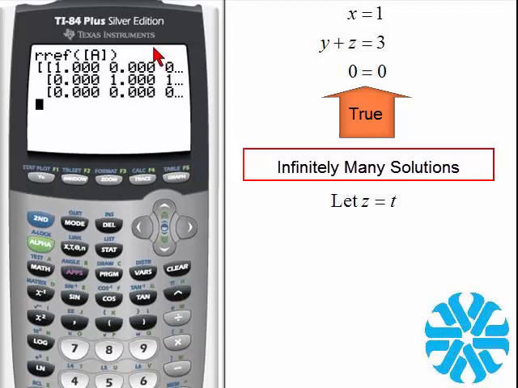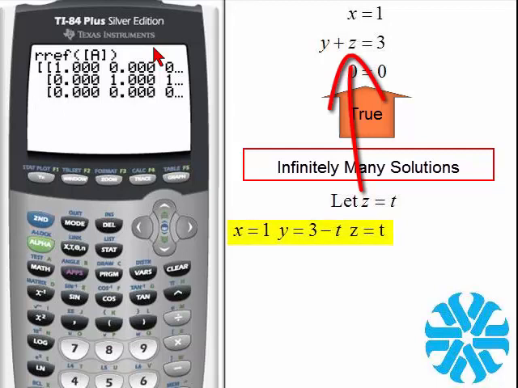Since x is already solved for, it's equal to 1, then we only need to solve for y. So we will use back substitution to solve for y, and you end up with the following general solution. We have x is equal to 1, y is equal to 3 minus t, and z is equal to t. So this is called the general solution.